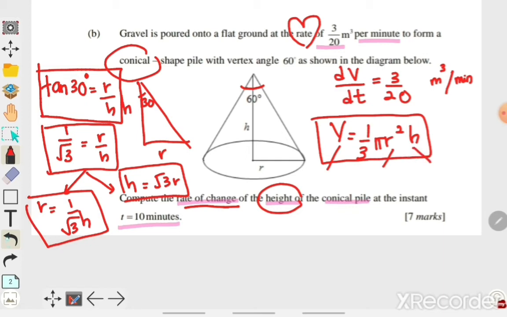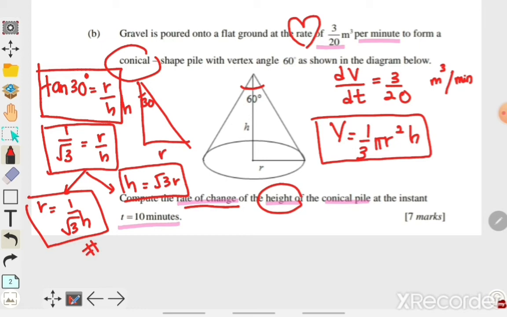So let's have a single variable, in terms of h. By referring to this case, we have h in terms of r and r in terms of h. So let's use r in terms of h.